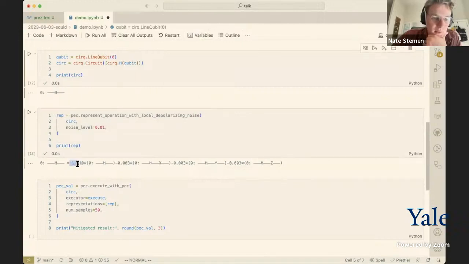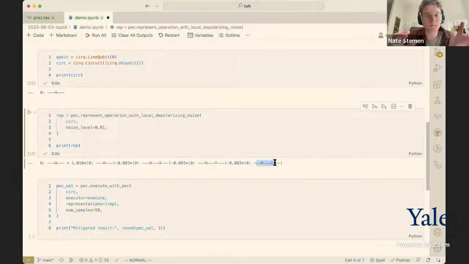It's going to be doing a Hadamard gate, and then you see there's a coefficient here, plus a Hadamard and an X operation with another coefficient, a Hadamard and a Y operation, and then 0.003 with a Hadamard and a Z operation. So building up these operations is not always easy, but that's the idea here. We have a linear combination of other operations that are actually going to make the Hadamard gate.